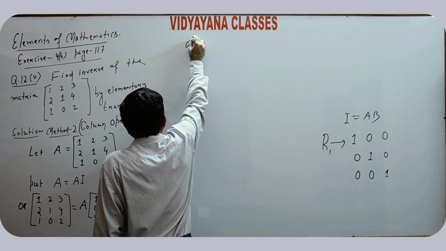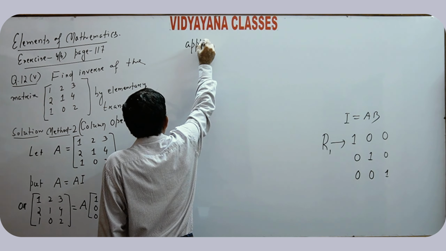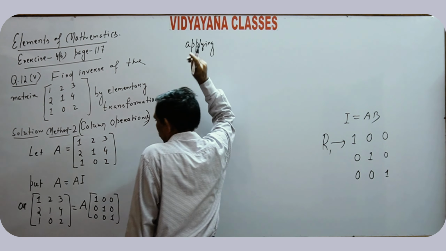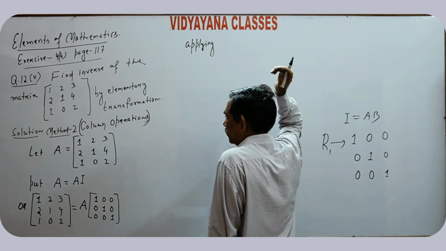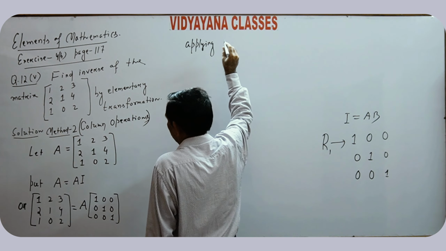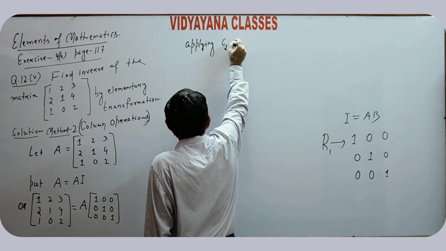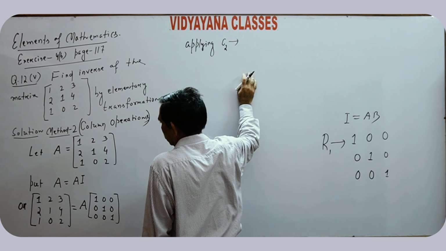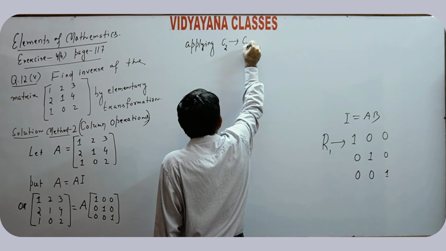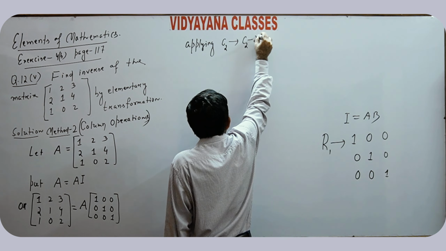Apply column 2 replaced by column 2 minus 2 times column 1.